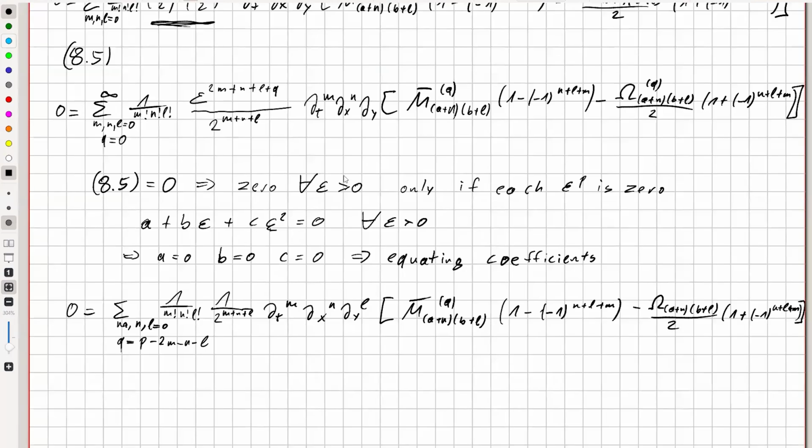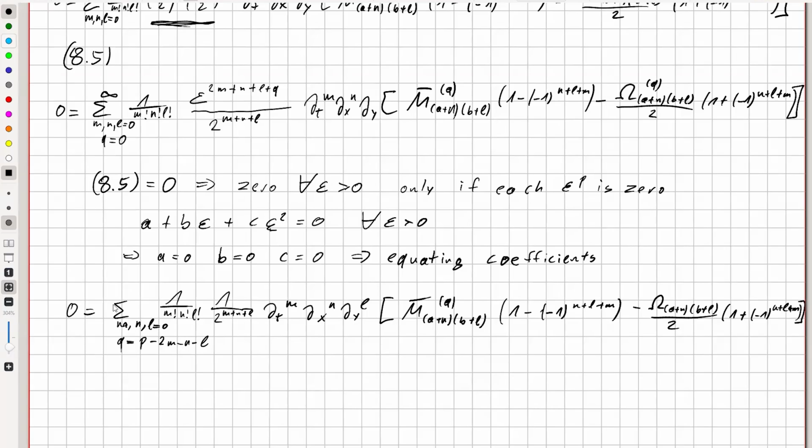So now you could count these things up to infinity and find that, if you count m and n and l up to infinity, then Q simply gets negative, right?